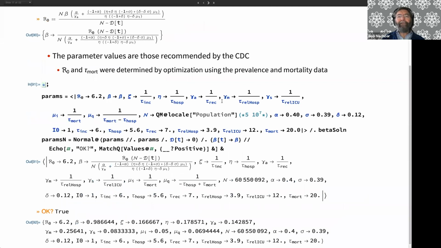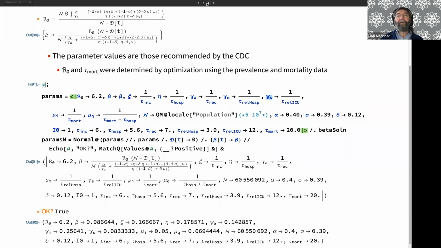Notice here that I'm defining essentially times for things to happen: incubation time, time to get to the hospital, time to recover, time to be released from the hospital, released from ICU, and time to die. And from those, I can then calculate the rate constants. It makes it a little bit easier to work with the data we actually have in hand.